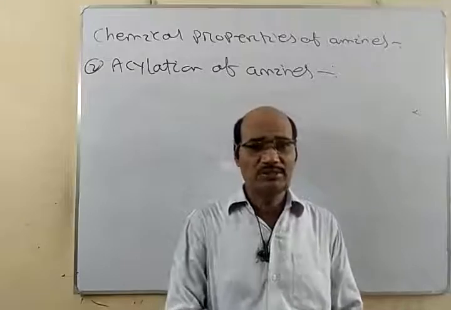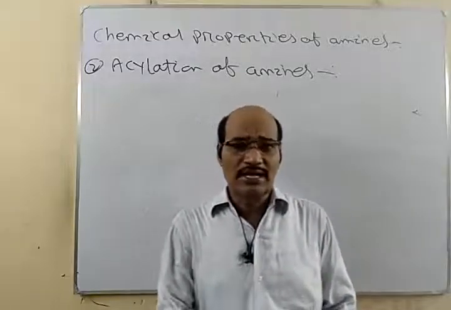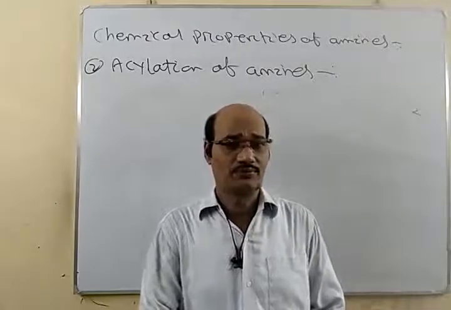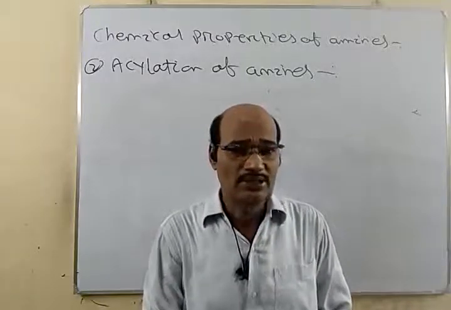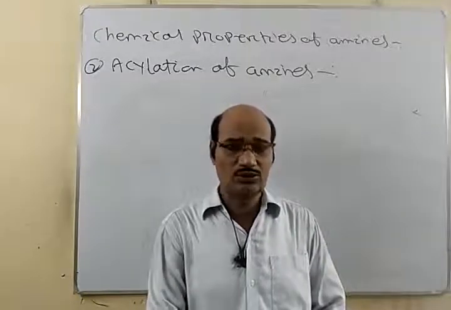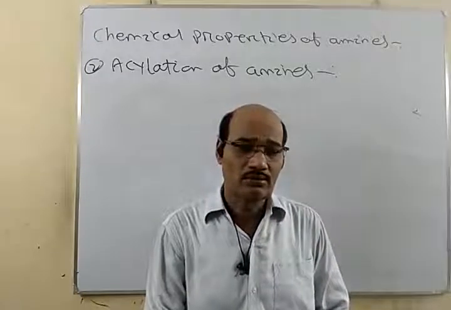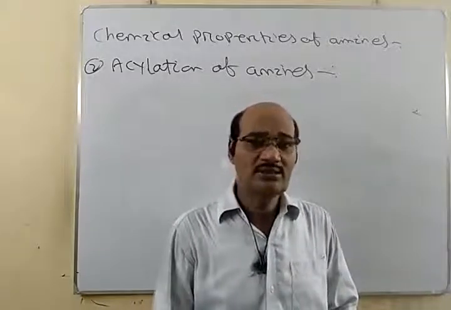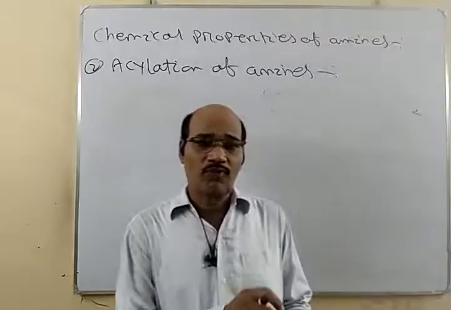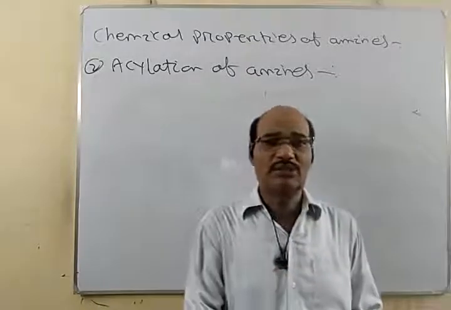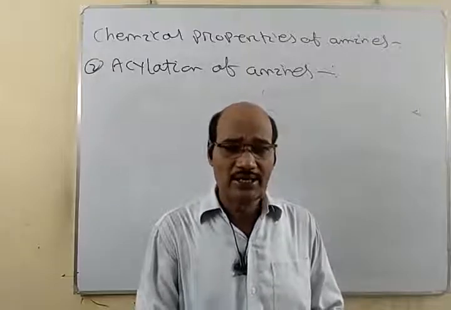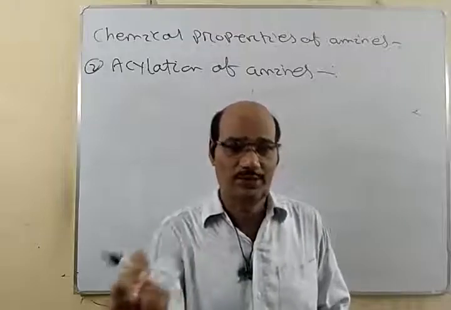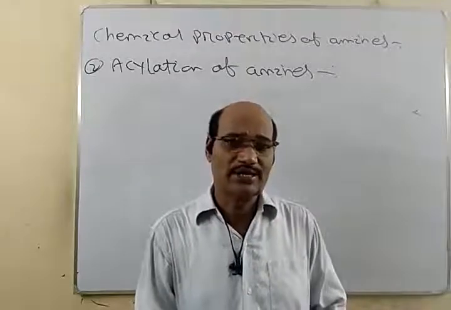So when amines react with acetylating agents like acetyl chloride or acetic anhydride in the presence of a strong base like NaOH, then N-substituted amides are obtained. This is called acylation of amines.